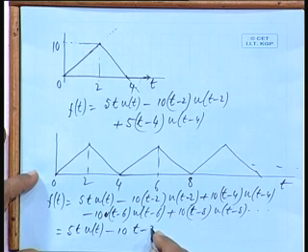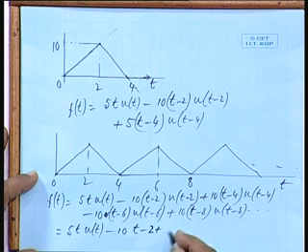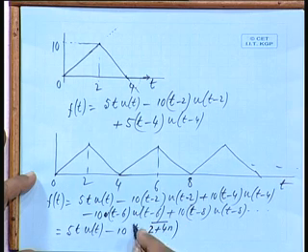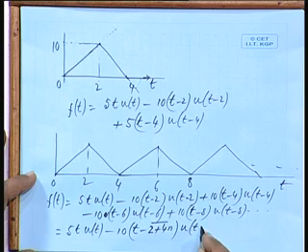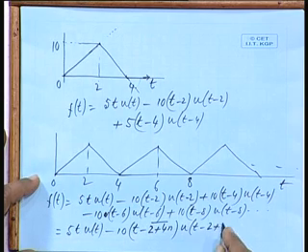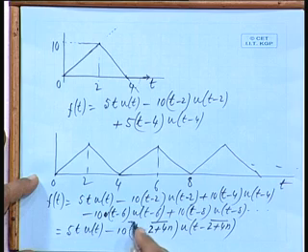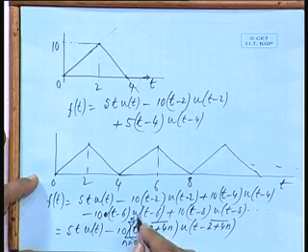So, t minus (2 plus 4n), n is an integer, u(t minus (2 plus 4n)), okay, where this summation n varying from 0 to infinity.